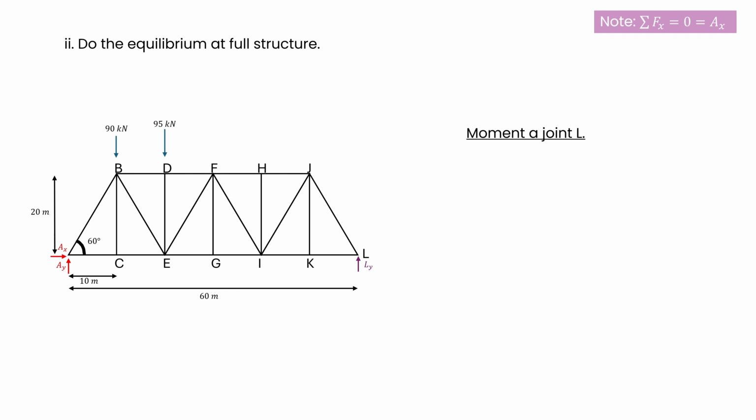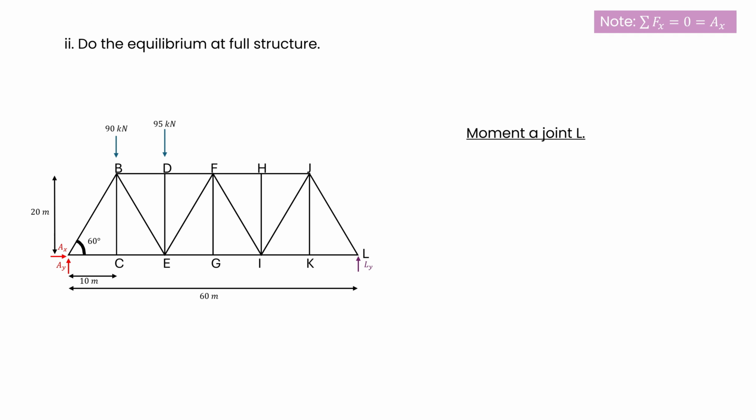So this is what the free body diagram looks like. We have AX, AY, and LY. Okay, now I want to solve AY because I want to use the left side instead of the right side, since the left side is easier to solve than the right side. We just need to solve AY because AX is equal to 0, from sum of FX.